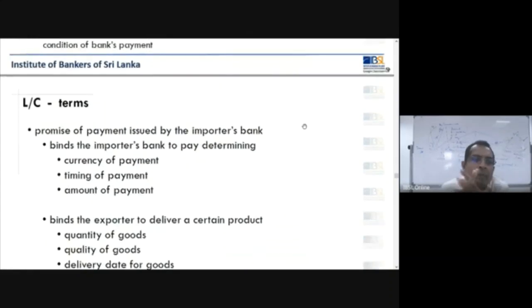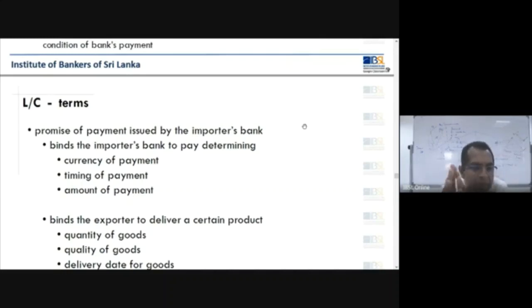LC terms: promise the payment issued by the importer's bank, bind the importer's bank to pay. Currency of payment: USD, yuan, Australian dollars, whatever. Timing of payment: within 3 days, T+2 for sight LCs, T+10 for usance LCs.